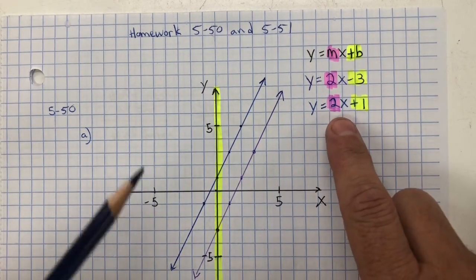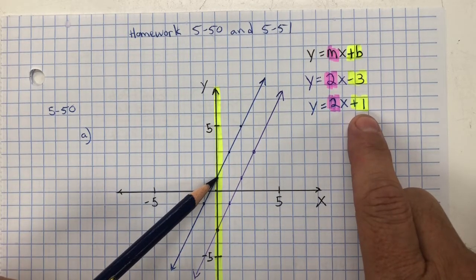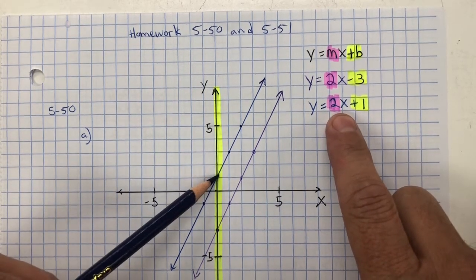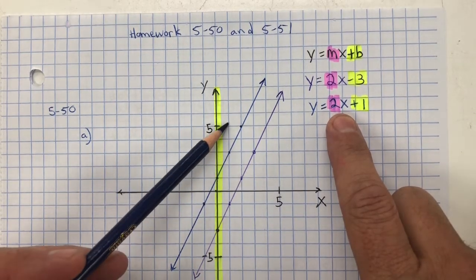For the second equation, the y-intercept or the starting value is at positive 1, and its rate of change or slope is positive 2 over 1.